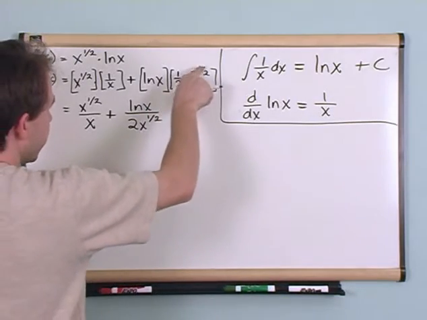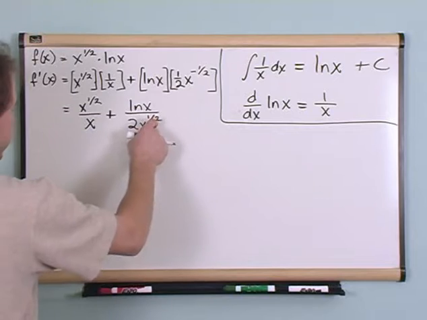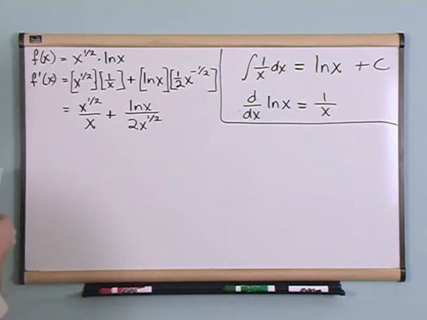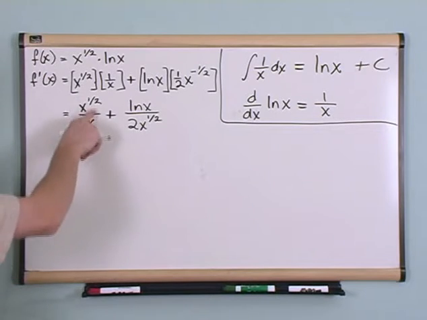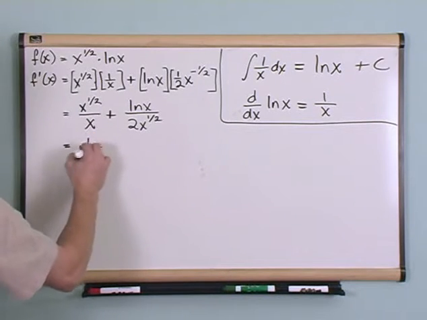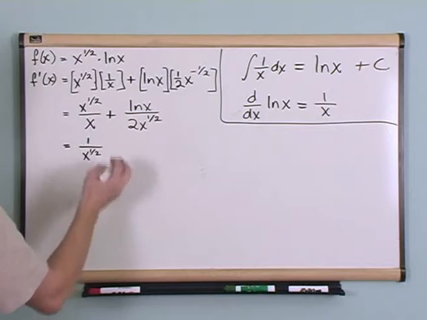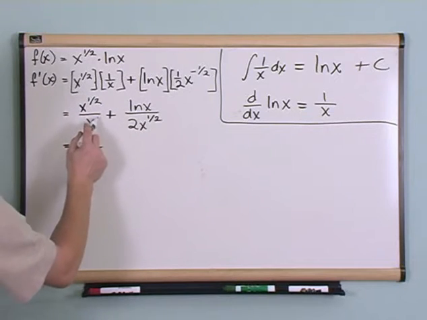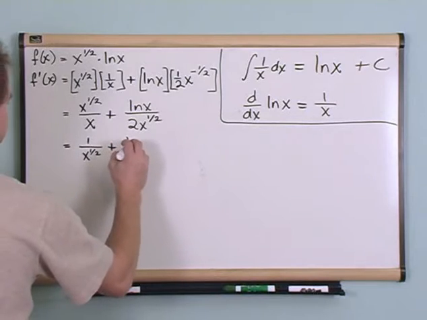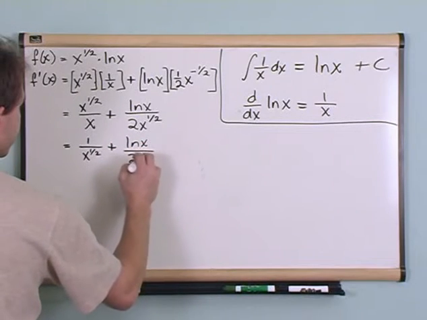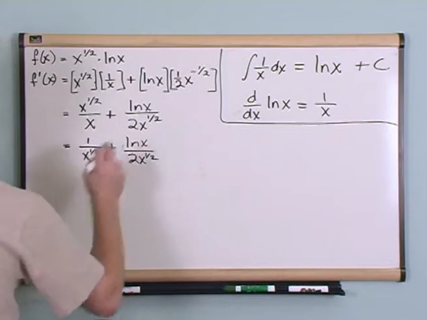And this x to the negative 1/2 just goes down to the bottom, downstairs, and you make it a positive term there. So when you simplify this guy right here, you're going to have 1 over x to the 1/2, because basically I can take out a 1/2 from there, and I'll have a 1/2 left over in the bottom. And then over here you have the natural log of x over 2 times x to the 1/2.